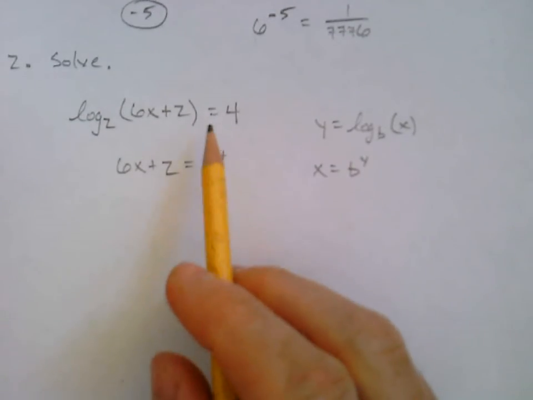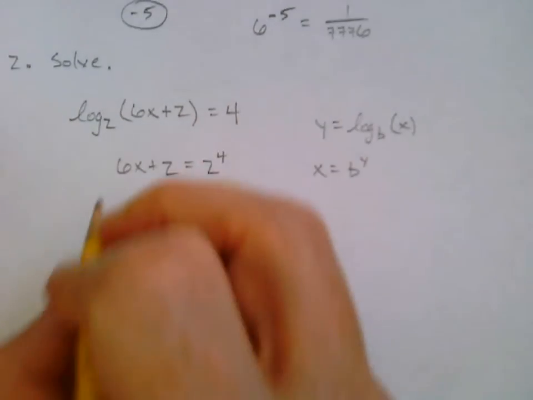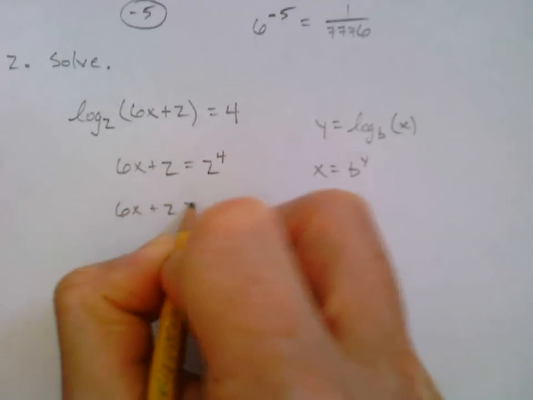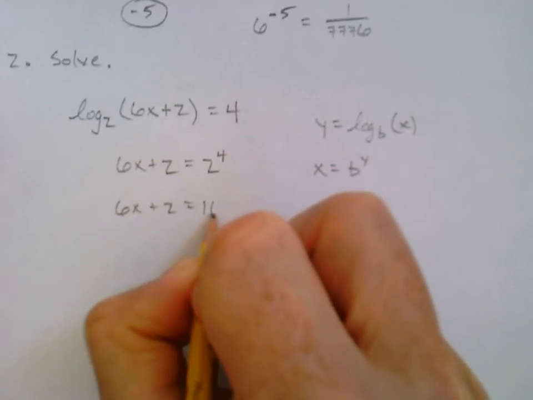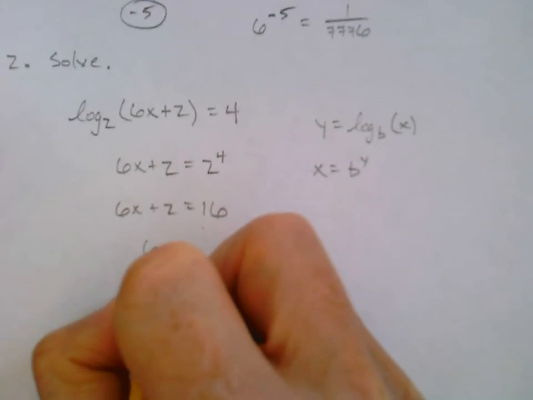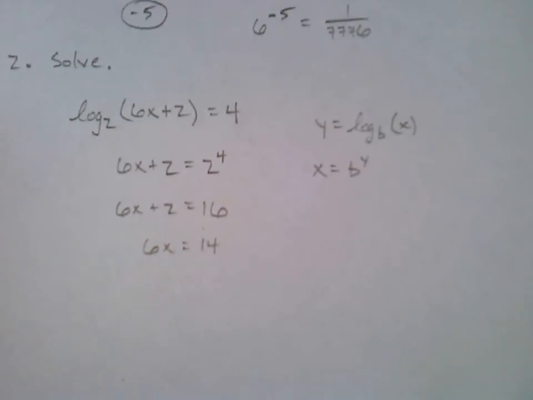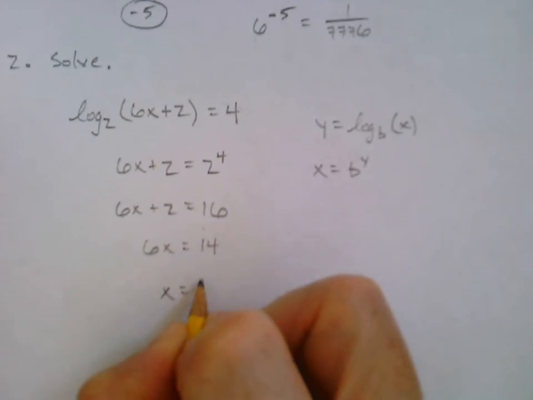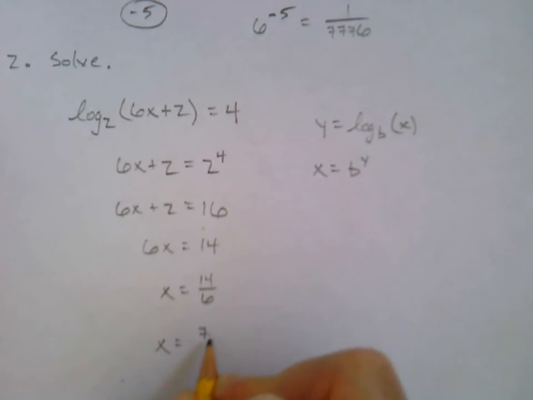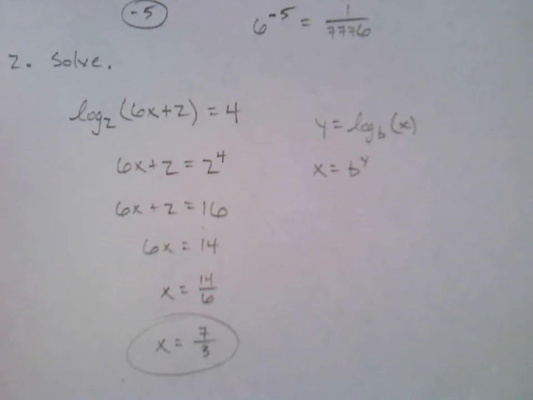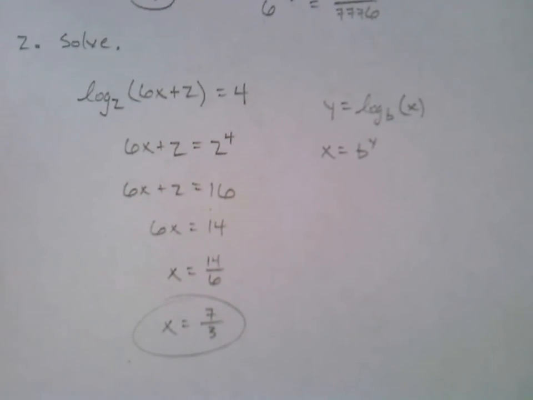And as soon as I do that rewrite, well, I'm just a couple of steps away. Let's compute 2 to the fourth. That is 16. And then I'll subtract 2. I'll divide by 6. And I think I can reduce that to be 7 over 3. There's my answer to part number 2.